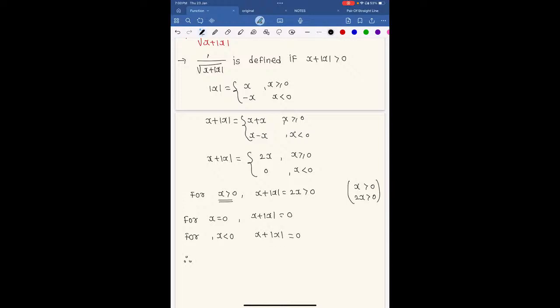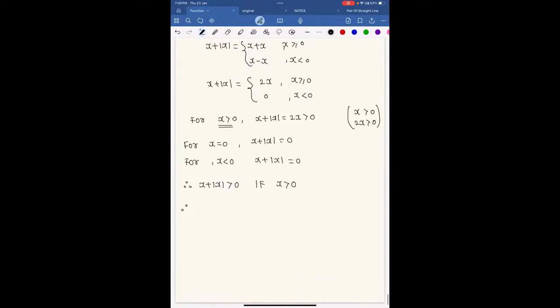So therefore x plus mod of x strictly greater than 0 if x काय असेल greater than 0. So therefore 1 upon root of x plus mod of x is defined. So कधी define असेल हे? If x is greater than 0.